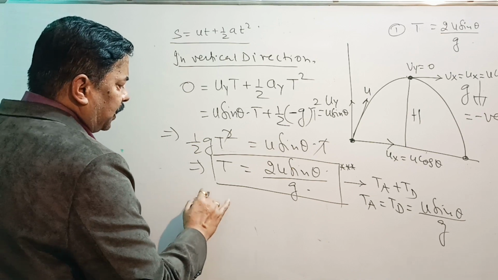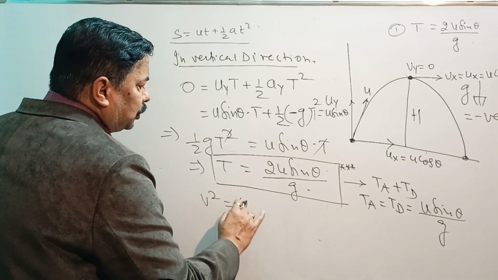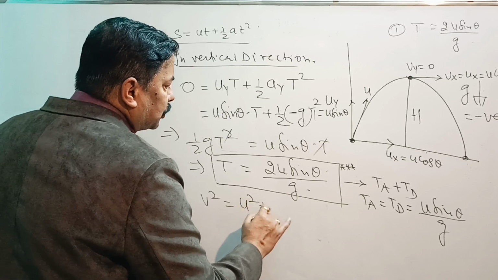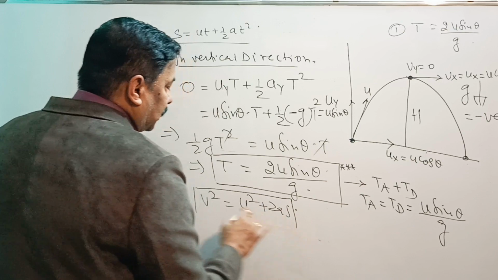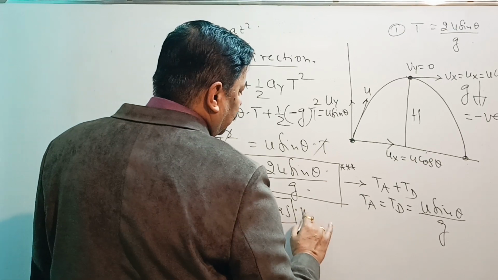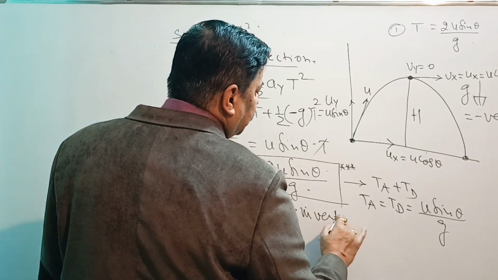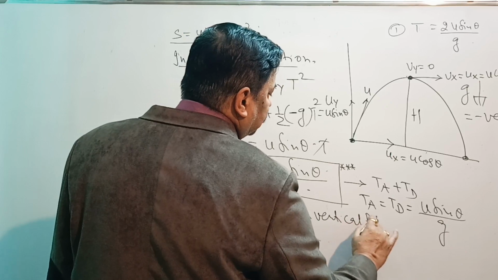We are using V square is equal to U square plus 2AS. This relation we are using in the vertical direction.